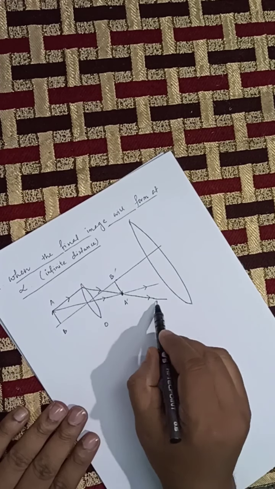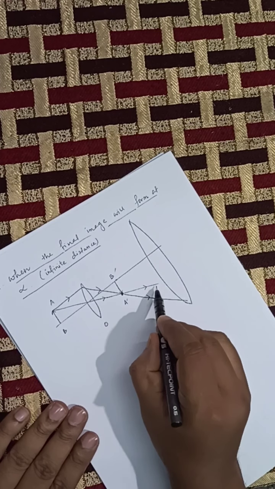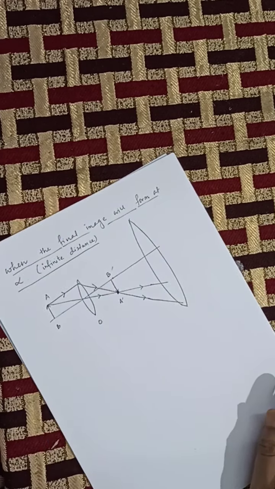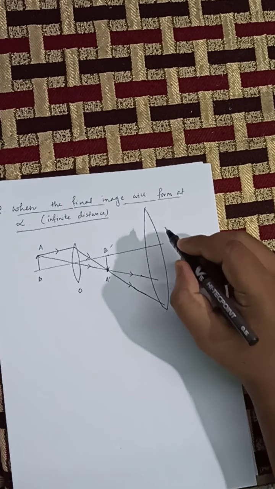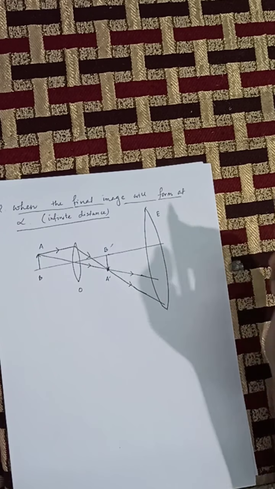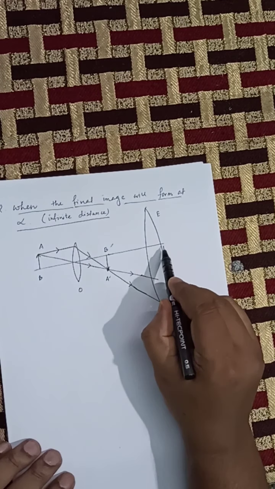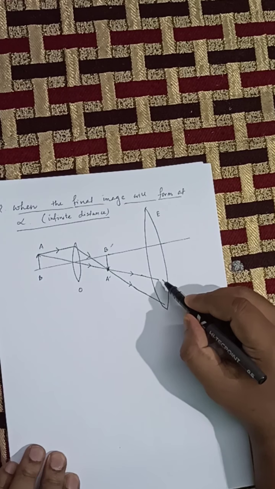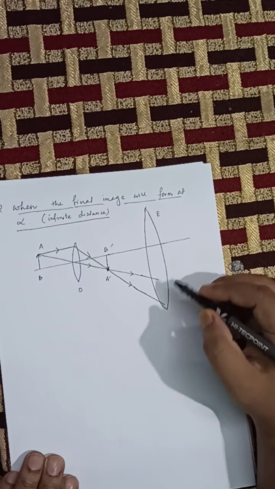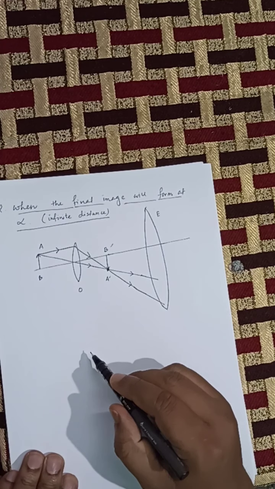Okay, so this is the eyepiece lens, and now after refraction from the eyepiece lens, so these two rays, they will become parallel, isn't it? So their final image will form at infinity.